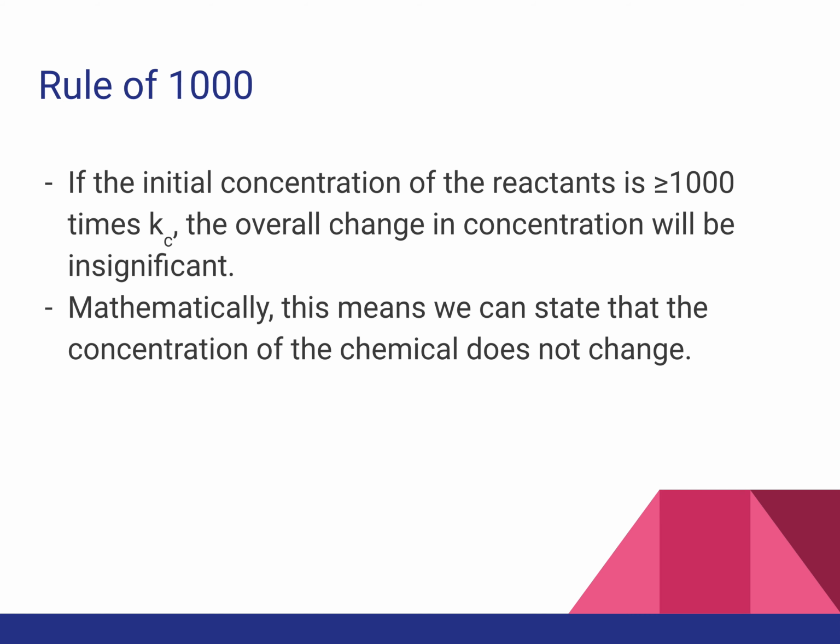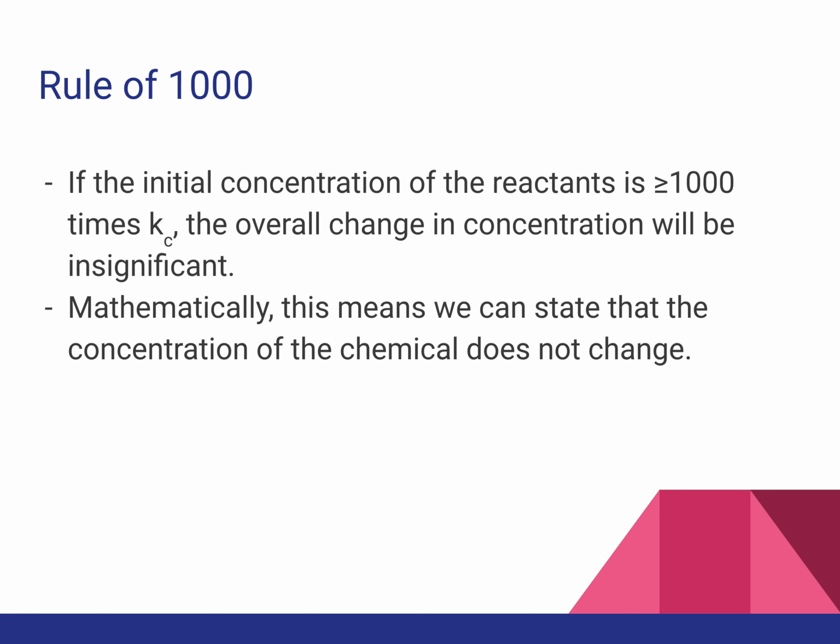So we have a rule that we need to keep in mind. It's called the rule of 1,000, and what it means is if the initial concentration of the reactants is 1,000 times greater than the Kc value, then mathematically the change in that concentration is going to be insignificant.